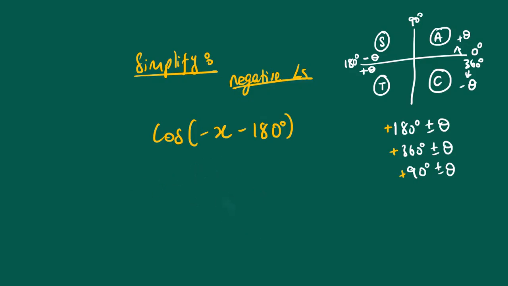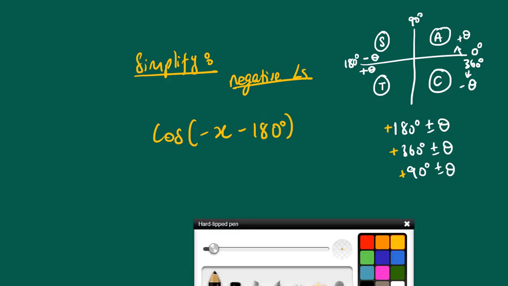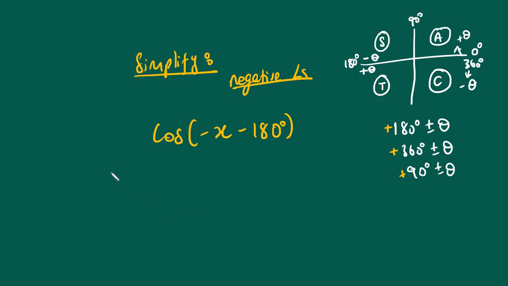Once you see that, the first thing you should probably do to make your life a bit easier is rewrite whatever you have, but start with the angle, because we usually start with the angle like 180, 90 or 360, then we go to the theta, the beta, the x.